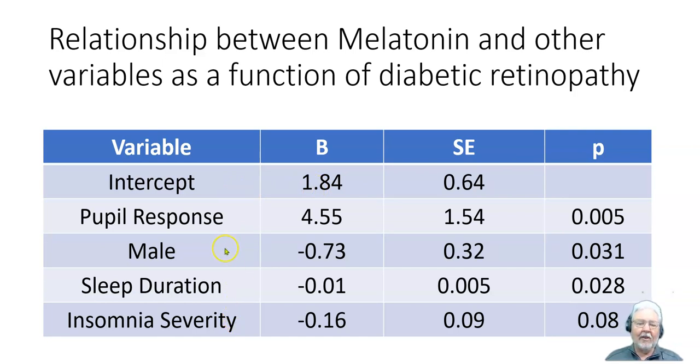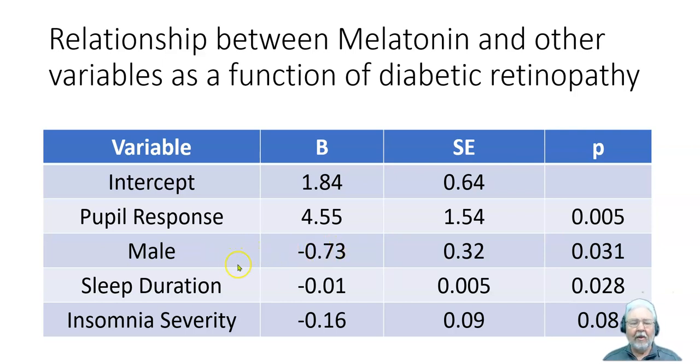They wanted to control, figured sex made a difference as far as sleeping goes. Males tended to have less melatonin secretion. So if you were a male, you decreased your melatonin output scale by 0.73. Now the reason this is added in here is because that takes care of the variance due to gender.